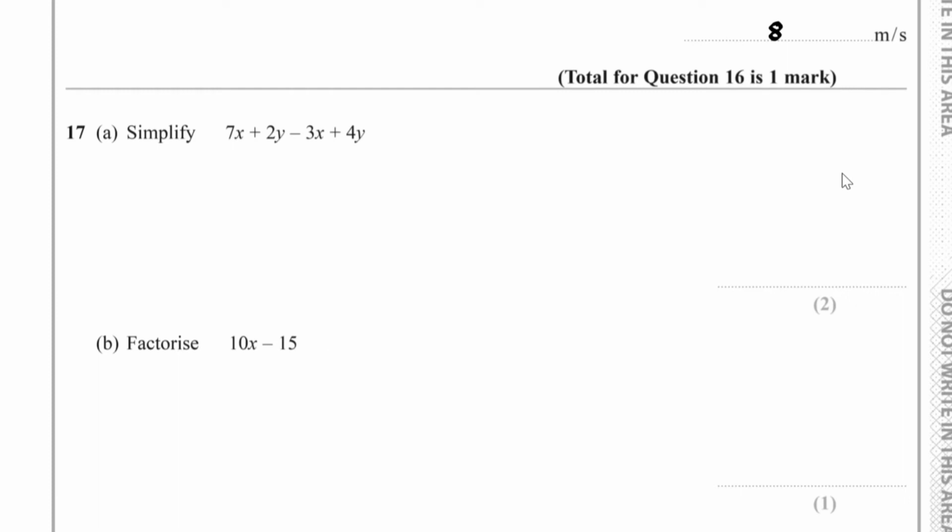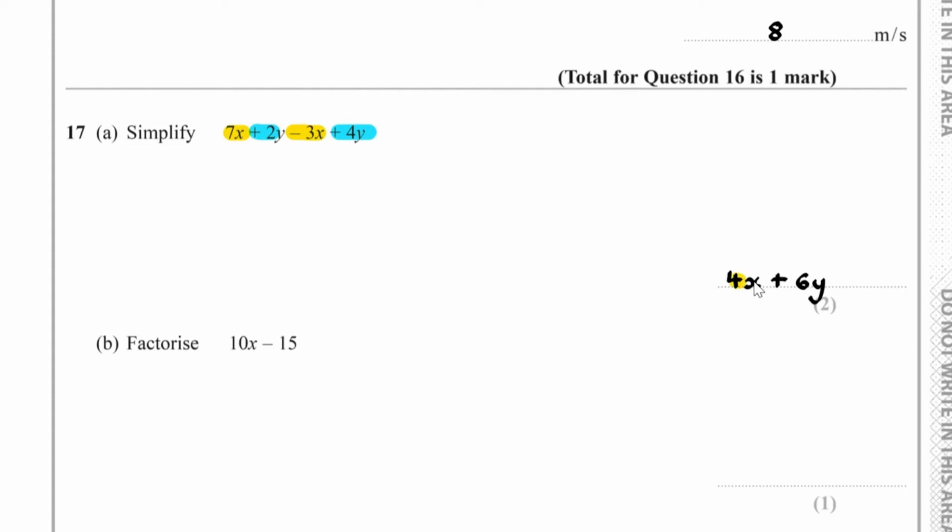Question number 17. For part A, we have to simplify 7x plus 2y minus 3x plus 4y. Well, here we have to collect like terms. In terms of the x's, we have 7x minus 3x, which is equal to 4x. And then we've got 2y plus 4y, which is 6y.